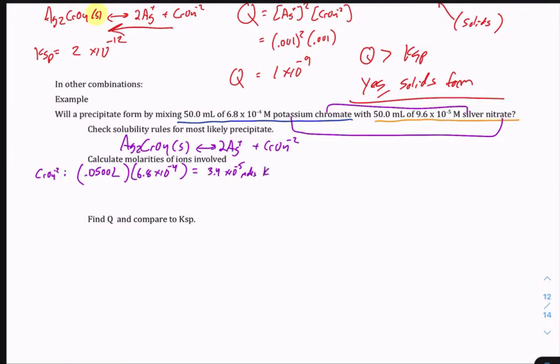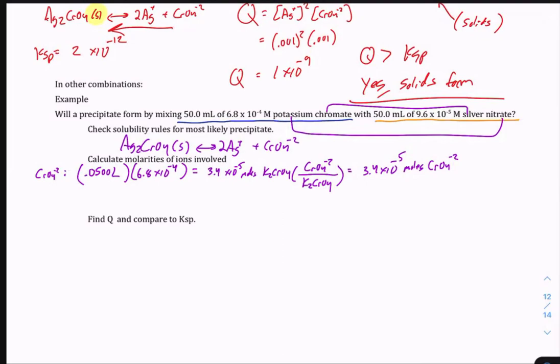That's moles of potassium chromate, but I don't need potassium, so I need to convert out of potassium chromate and get into just chromate. Okay, so I have the moles. Well, how do you find molarity? It's what over what? Moles over liters.